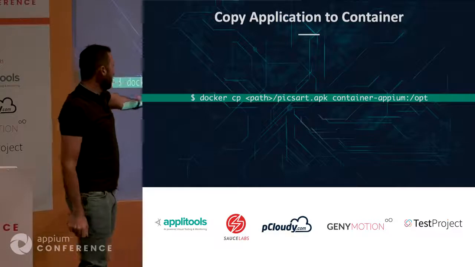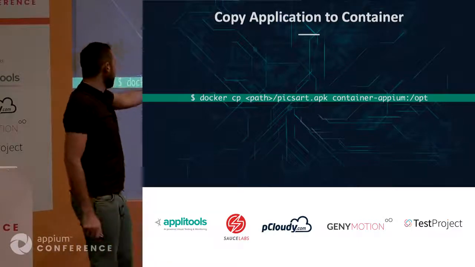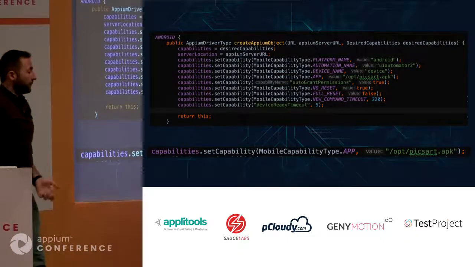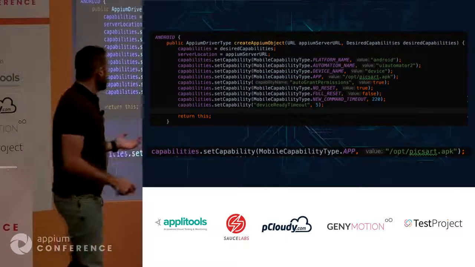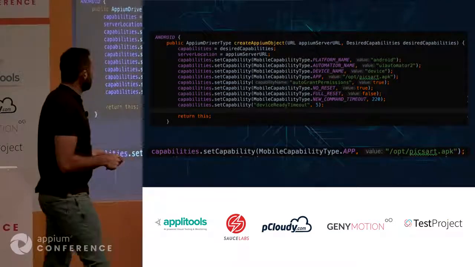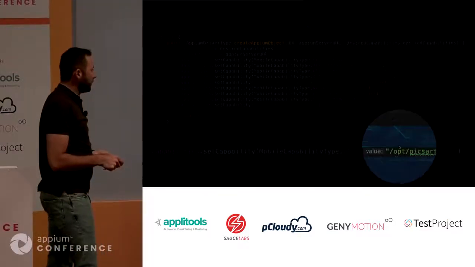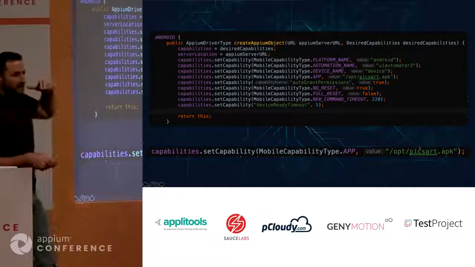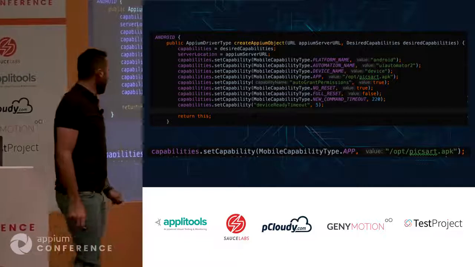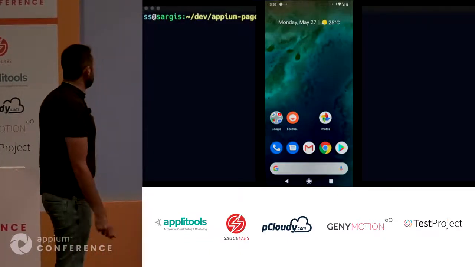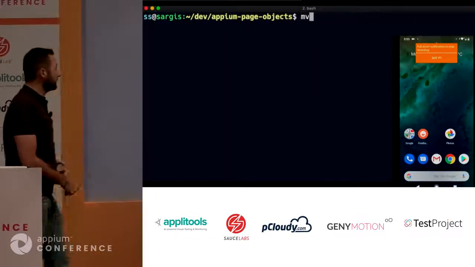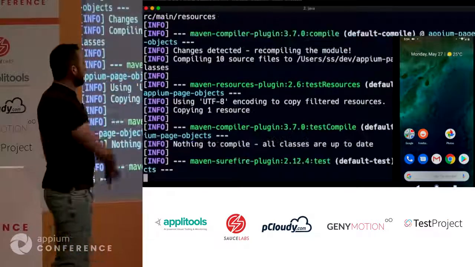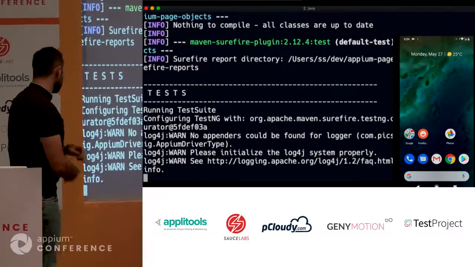We are moving it to opt, and the name is the Pixar APK. After this, we just show that our application is here, and the rest is the capabilities that you usually use. Then we just run the tests, mapping to the Docker run.